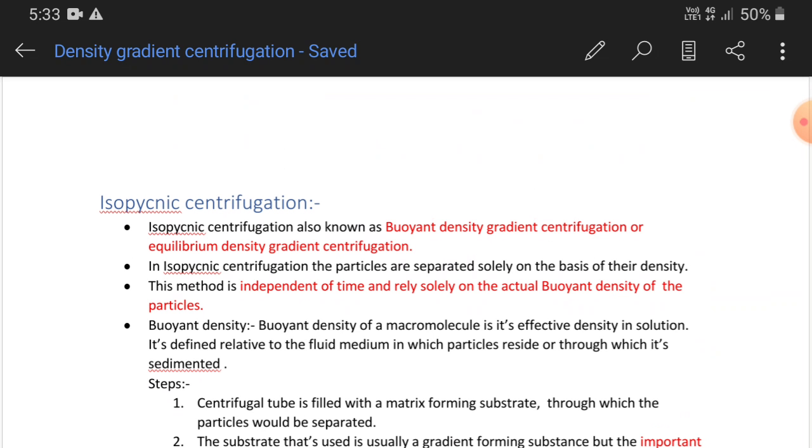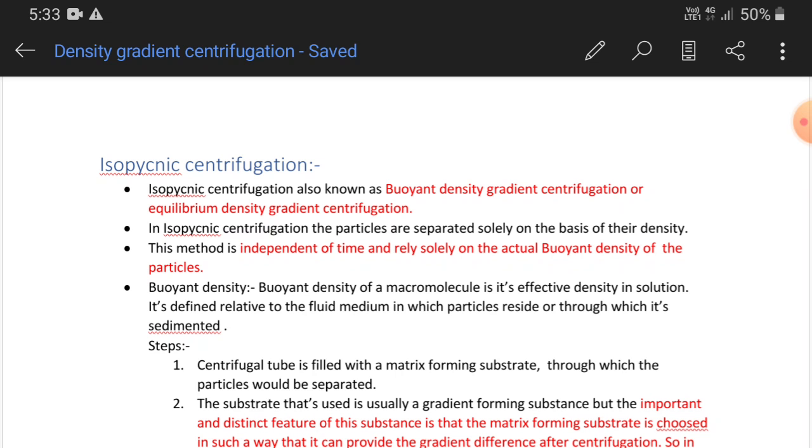gradient medium. So again, density gradient centrifugation is nothing but centrifugal separation in a column. That column contains a density gradient. Okay, in that density gradient, the lowest density will be at the top and the highest density at the bottom, and the intermediate density will be in the middle. So it has two parts, one is isopycnic centrifugation, another is rate zonal centrifugation.